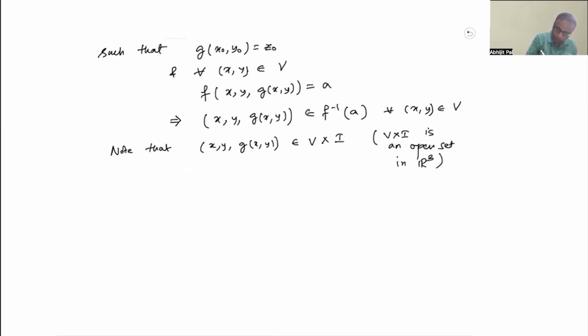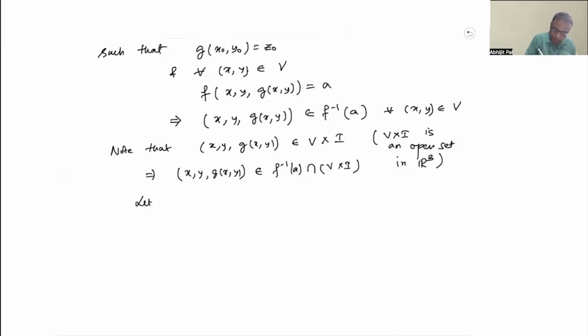Therefore this (x, y, G(x, y)) belongs to f inverse a intersection B cross I.